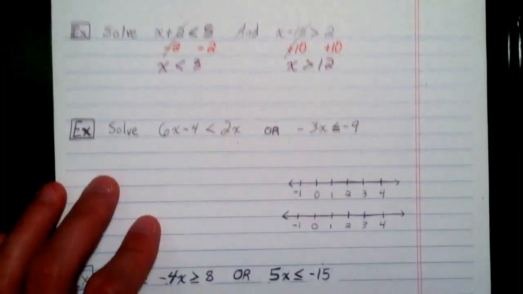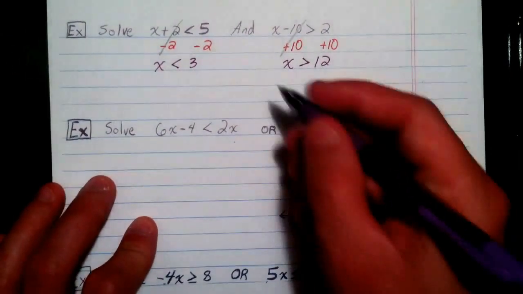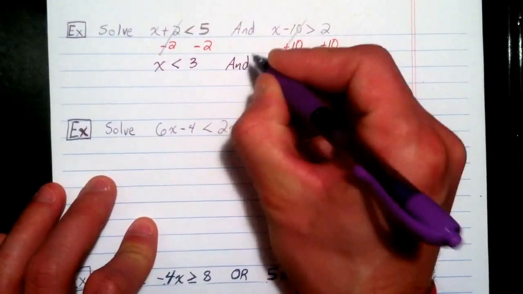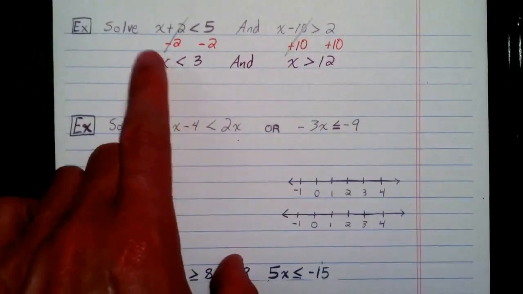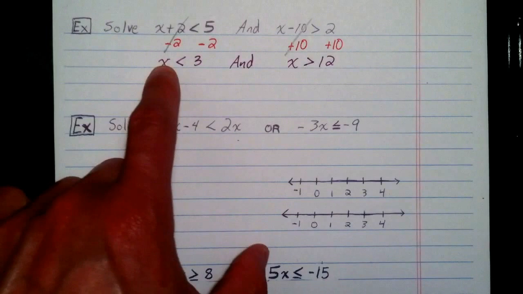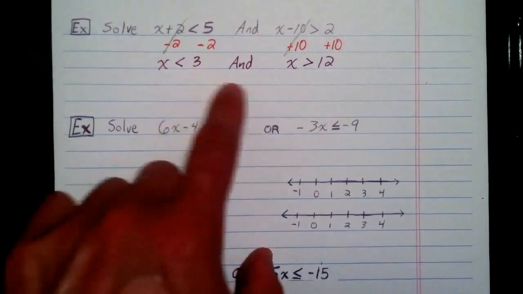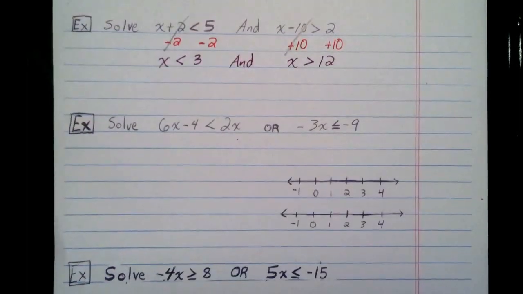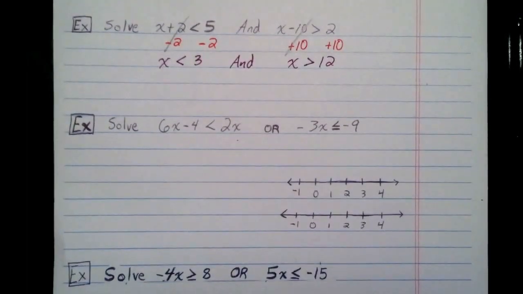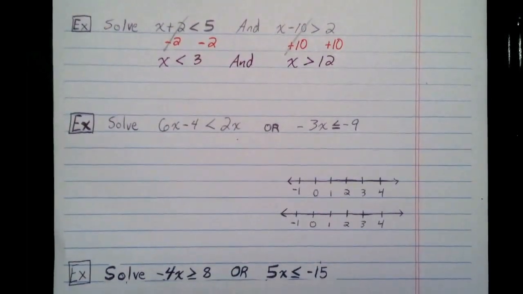Okay. Once again, this is an AND situation. So what we are looking for is what numbers can we take such that our numbers have to be x less than 3, but also x greater than 12. So think about that. What numbers are smaller than 3, but at the same time are greater than 12?